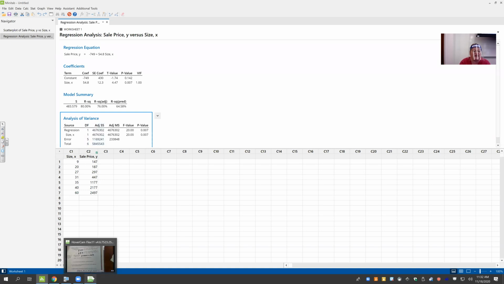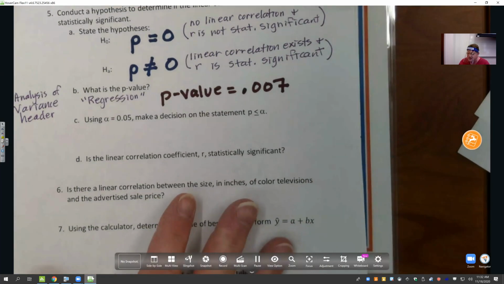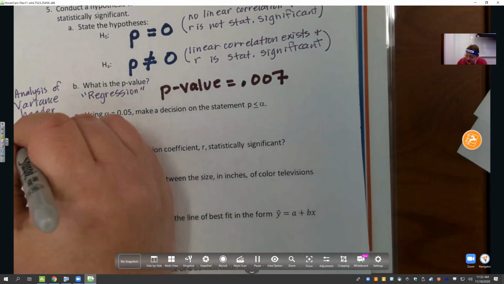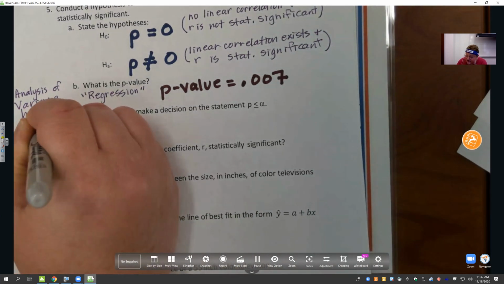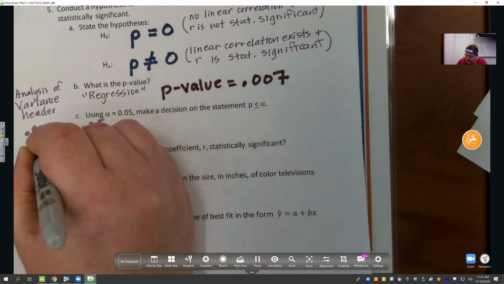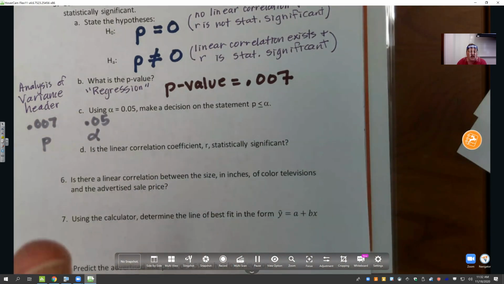If I get to going too fast, y'all stop me. Okay, then we're going to make a decision about whether to reject the null or fail to reject the null by comparing that p-value of 0.007 to alpha, which is 0.05. So again, we're going to compare p to alpha, just like we've done all along.